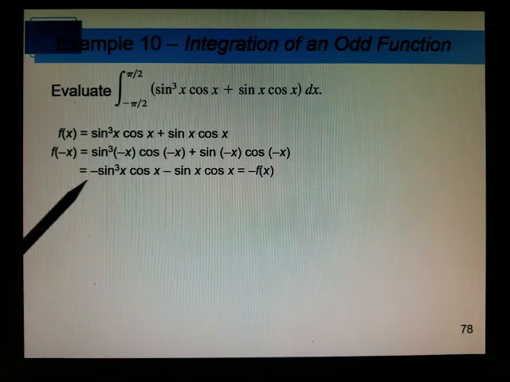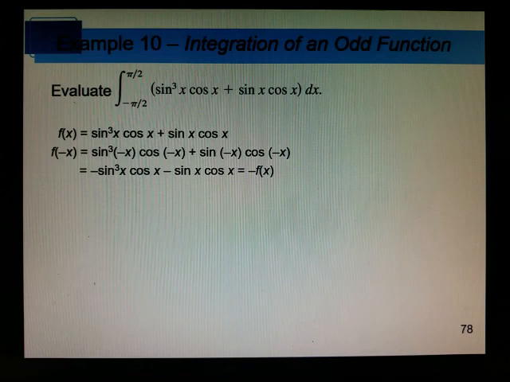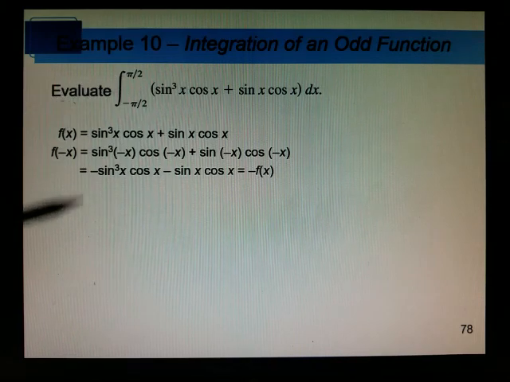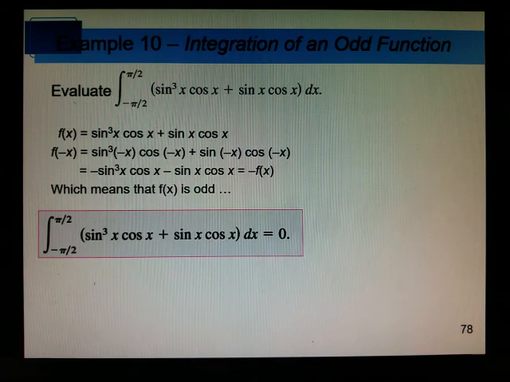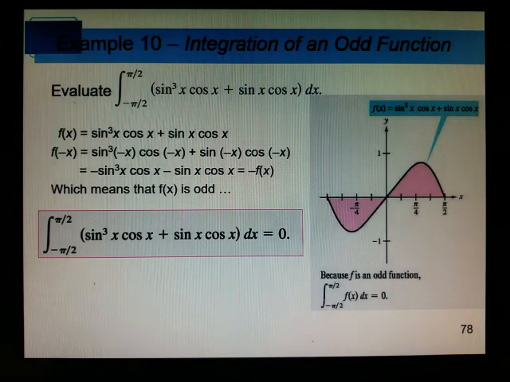So if it's the opposite of the original equation, then the function is odd, which means it's symmetric with the origin. And if you are integrating from negative a to positive a on a graph that's symmetric with the origin, meaning odd, then your answer is automatically 0. And that's what the graph of it looks like.